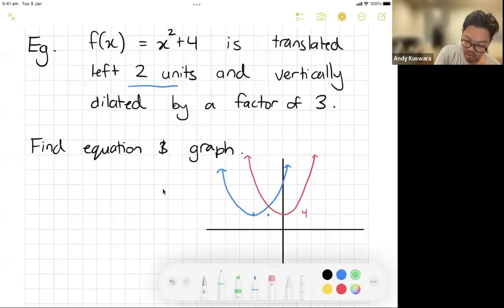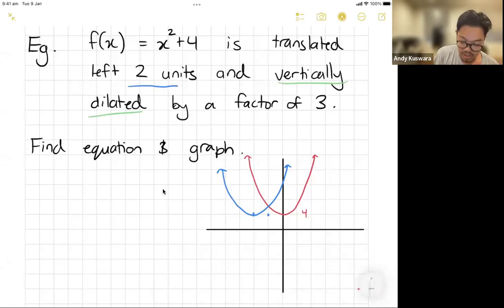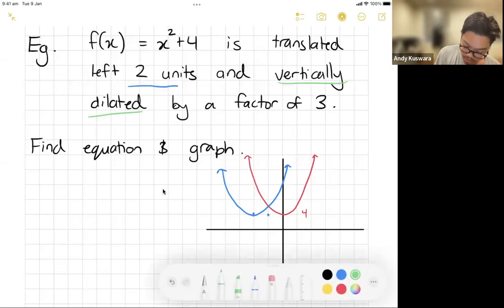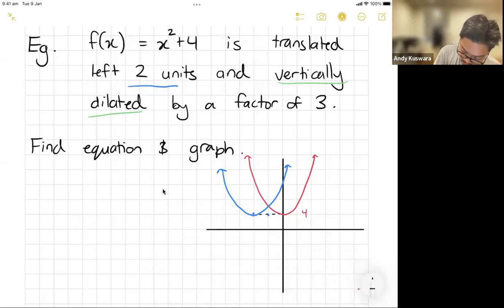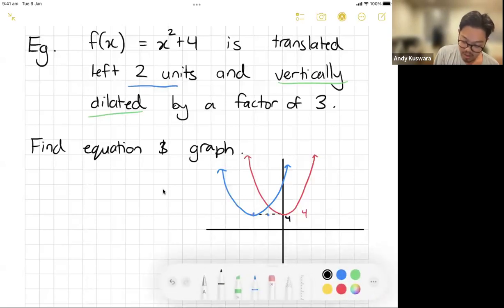And then now let's vertically dilate it. So we know that right now it still kind of touches at 4. But if I vertically dilate it, what's going to end up happening is it's going to become a lot skinnier. Now, I actually don't know what that's going to look like, so I'm going to do the math and double check this.